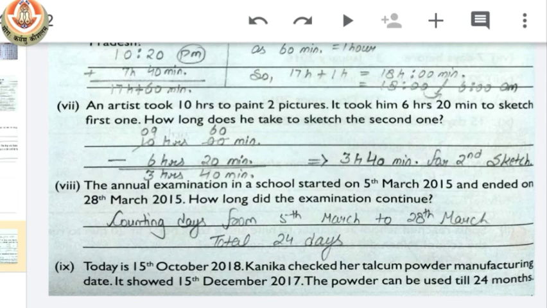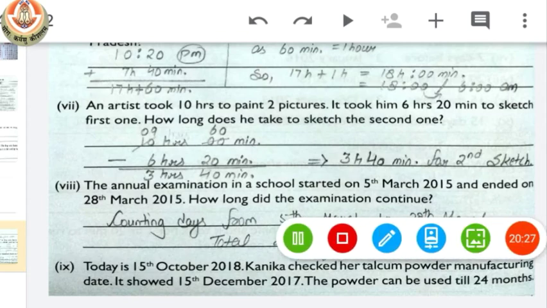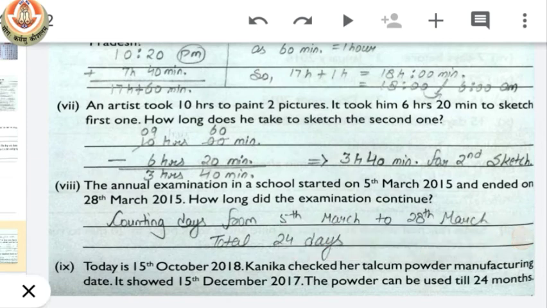Now, there is a question that today is 15th of October 2018. Kanika checked her talcum powder manufacturing date and it showed 15 of December 2017. The powder can be used for 24 months.